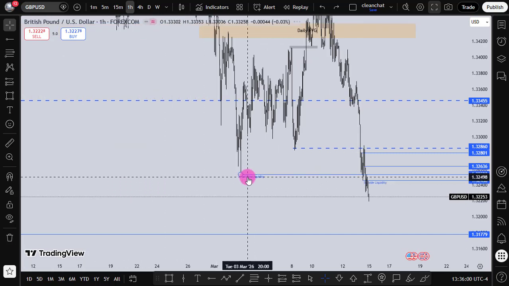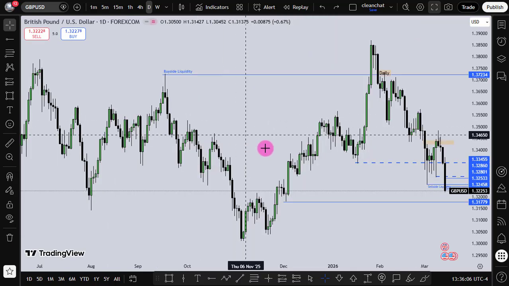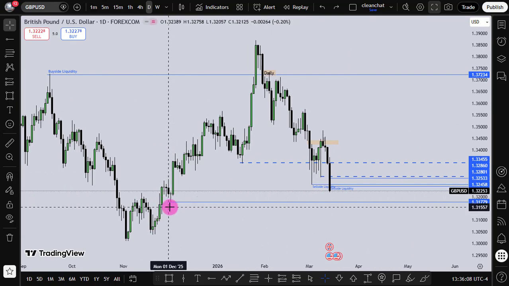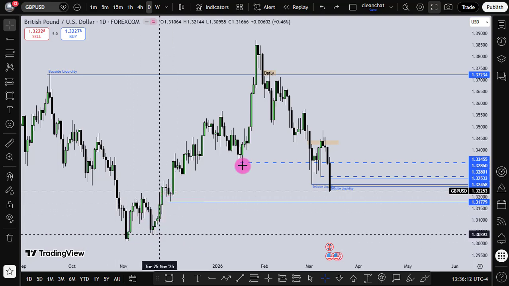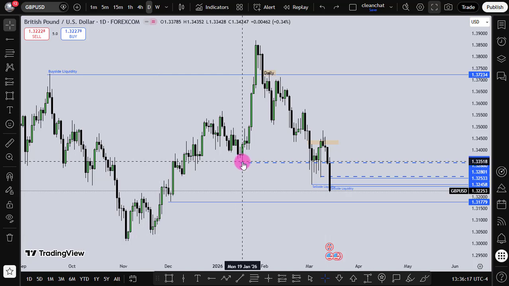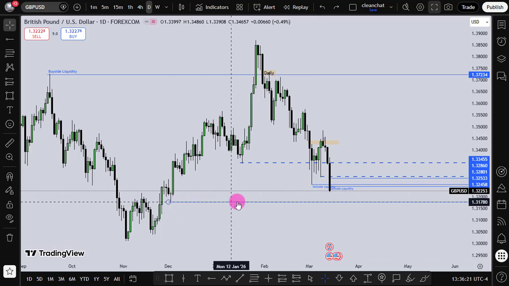Looking at this fair value, this liquidity, and then this low here, we have already purged this high, so I was anticipating price to purge this one, and then this level. Hopefully the week that we'll be entering, we have to be flexible.